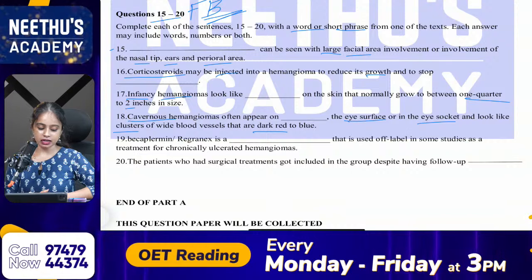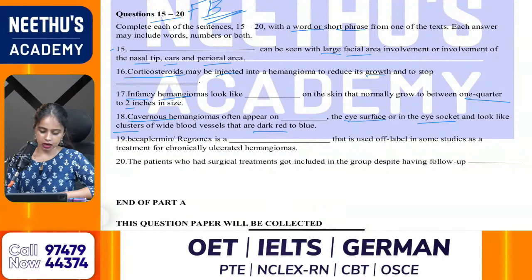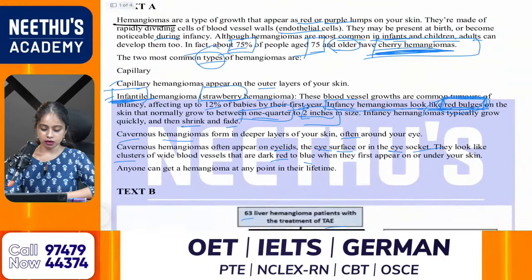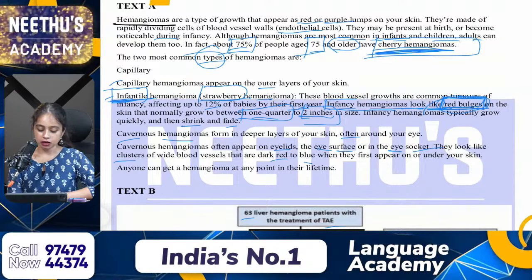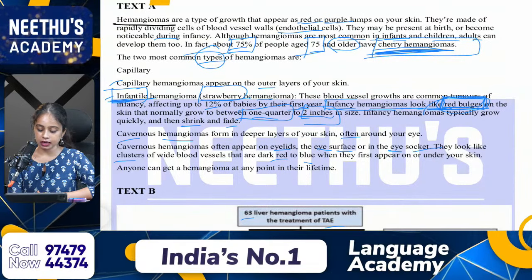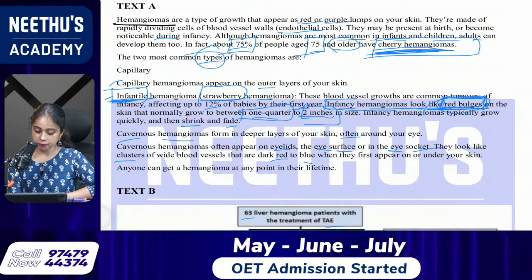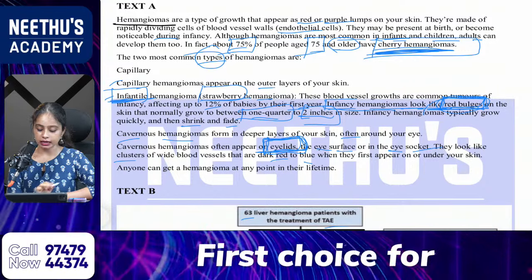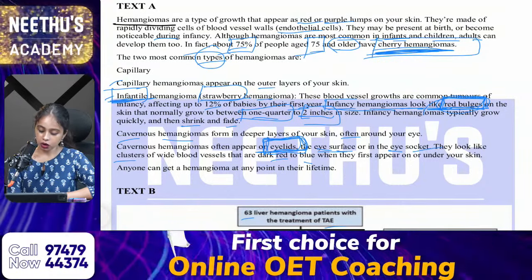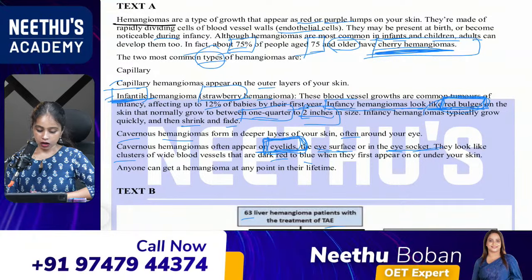Very good. Yes, Reshma, Riba, eyelids. Eyelids should be the answer. From where? Cavernous hemangiomas form in deeper layers of your skin, often around your eye. Cavernous hemangiomas often appear on eyelids. So that is the missing word, eyelids. The eye surface or in the eye socket, those are the keywords. So the answer is eyelids.